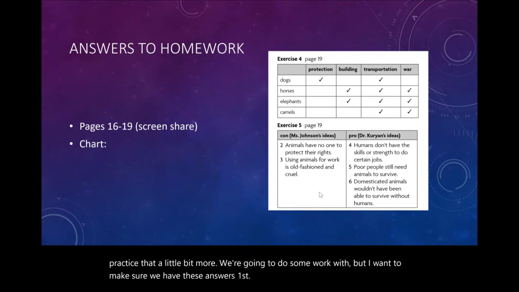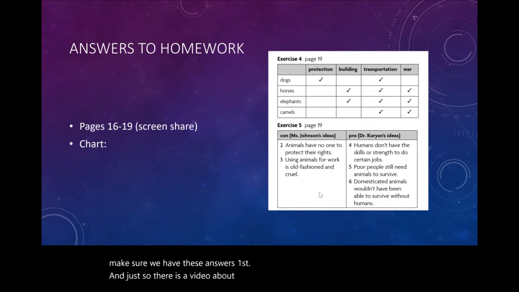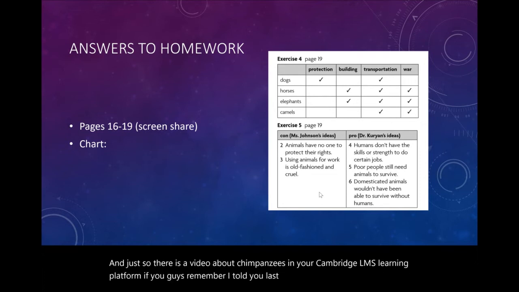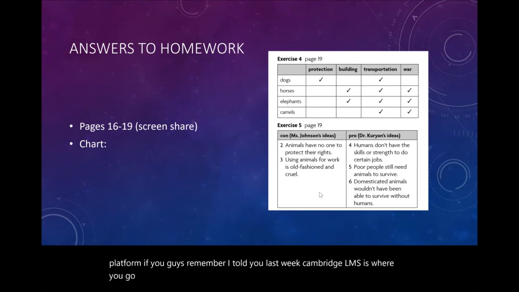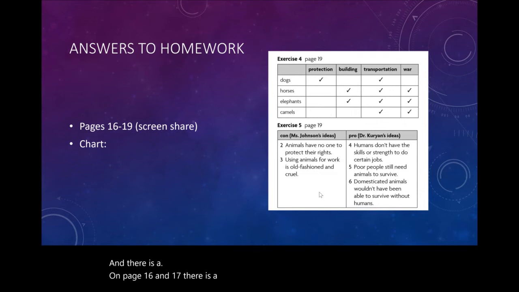And just so you know, there is a video about chimpanzees in your Cambridge LMS learning platform. If you remember, I told you last week, Cambridge LMS is where you go to get the audio and video for our book. On pages 16 and 17, there is a video that you could watch and answer questions to.